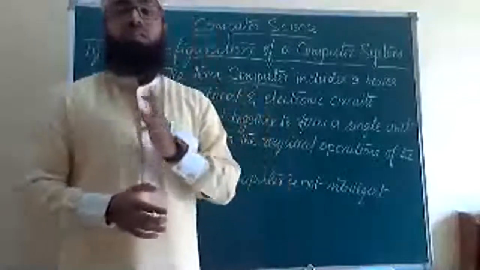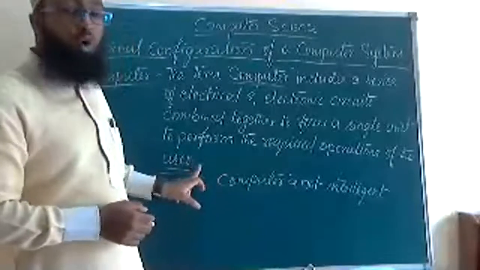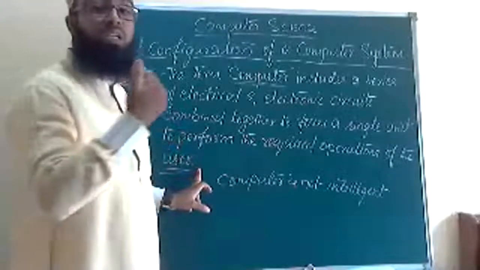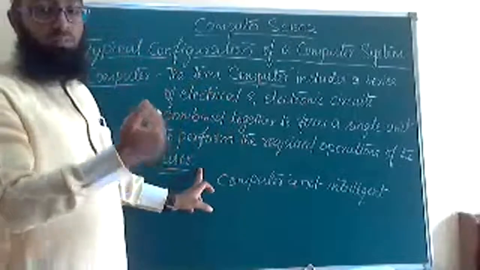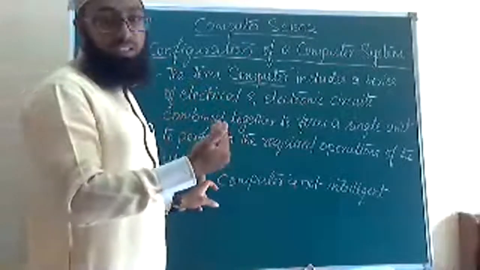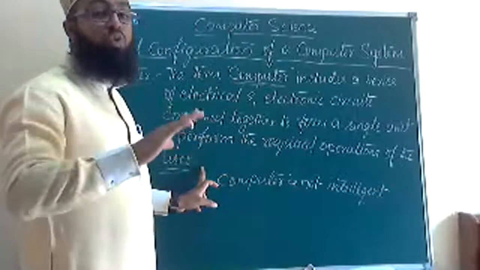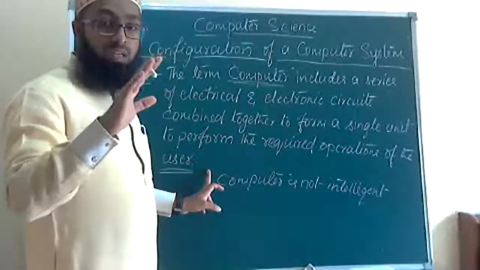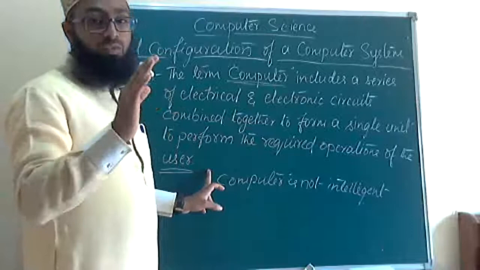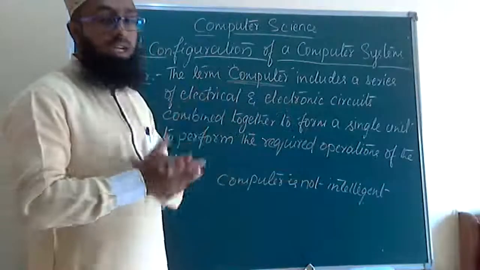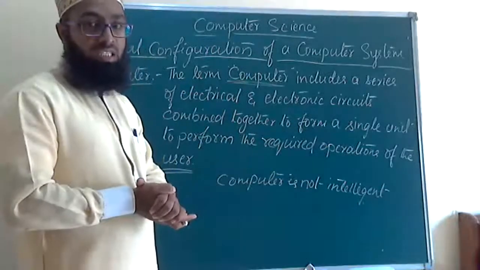The computer needs a user to operate it. Based on the user's inputs and queries, the computer will operate and give you the answers and results for your queries. Understood? So the computer is called not intelligent.